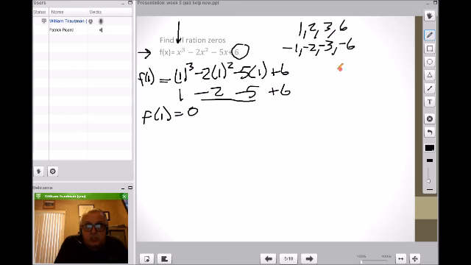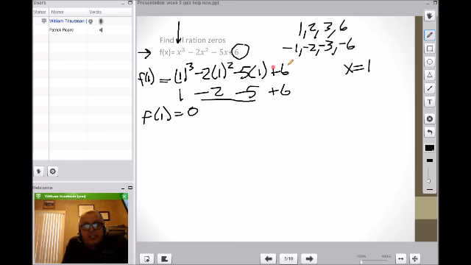So 1 is a solution. We can say x equals 1 is a solution. Now we can do the long division. You can do long division, or you can plug in all these numbers to find the other solutions. Me personally, I would rather do the long division.